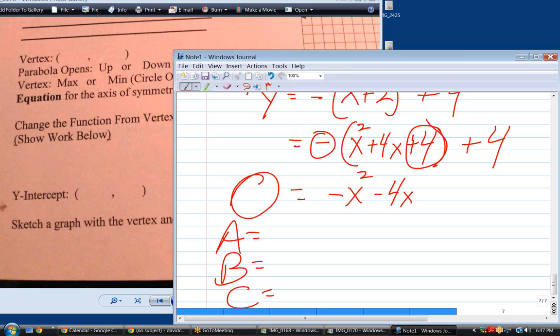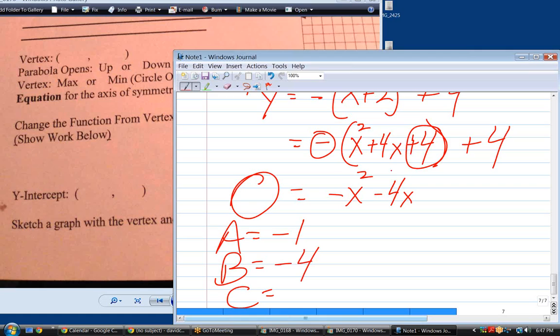That's where you get A, B, and C from, is from what you're looking at. What's A? A is the coefficient of x squared. What is that? Negative 1. And what's the coefficient of the x term? Negative 4. Okay. So that's what you have.